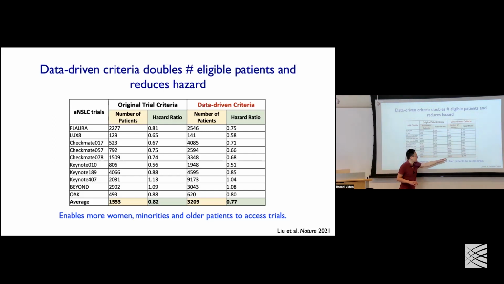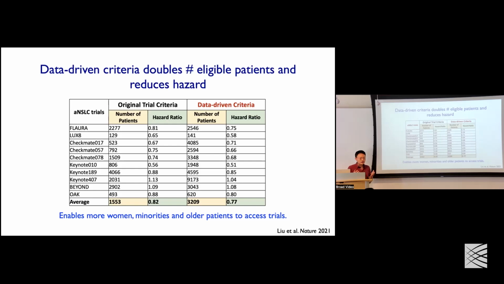The last two numbers indicate, if I use the algorithm's proposed eligibility rules, how many patients we're now able to enroll and the hazard ratio of those patients. We find that across these different trials, by using the data-driven designs, we can more than double the number of eligible patients. So that's great.